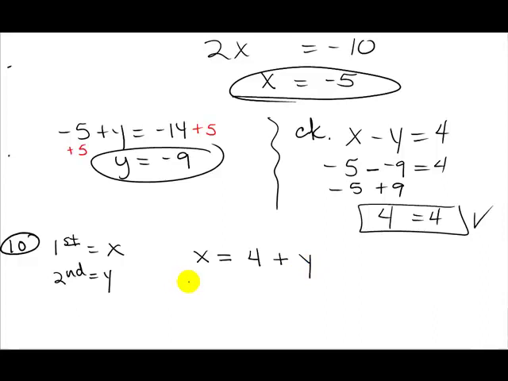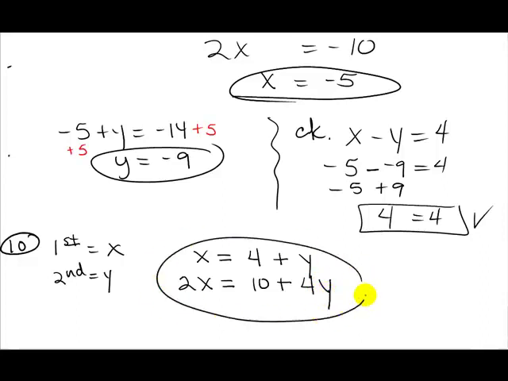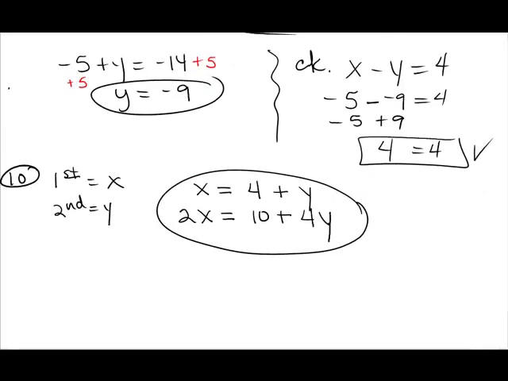The second sentence, 2 times the first number, well, the first number is x, equals 10 more than 4 times the second number, and the second number is y, so 4 times y. So here are your two equations.